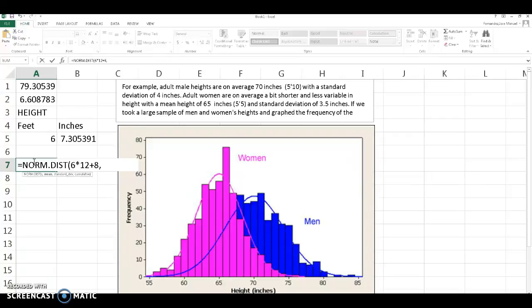We know we still have a mean of 70 inches and a standard deviation of 4 inches. And we want a cumulative distribution, so we put in true. When we hit return, we're going to find that 99.4% of the population will be able to walk through a door without bending over.